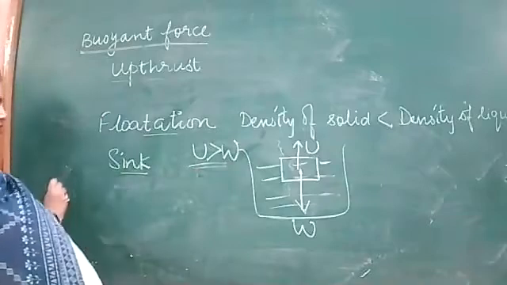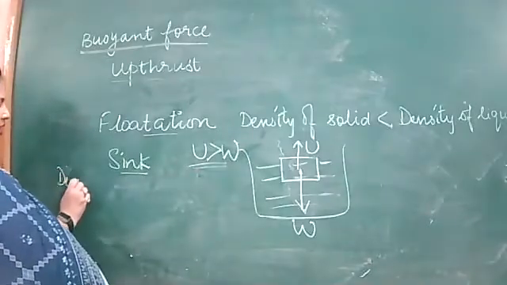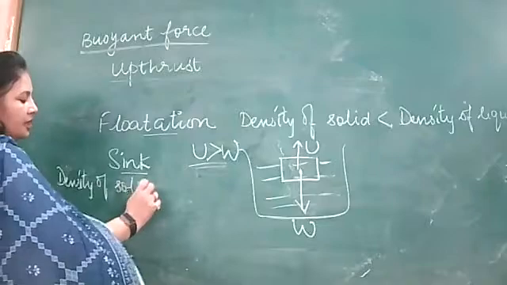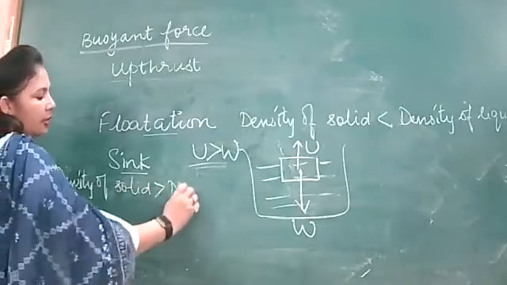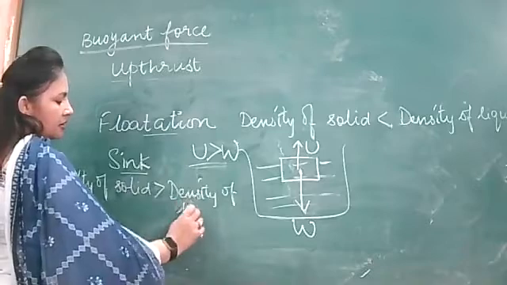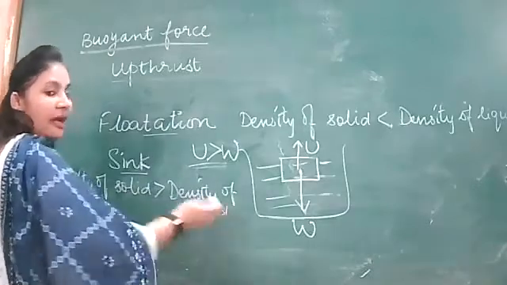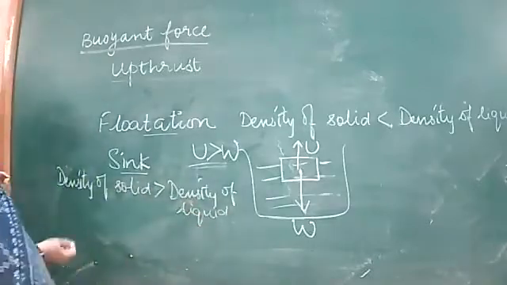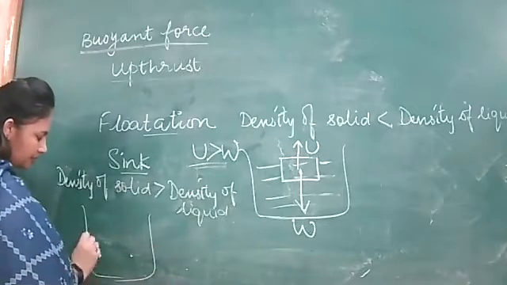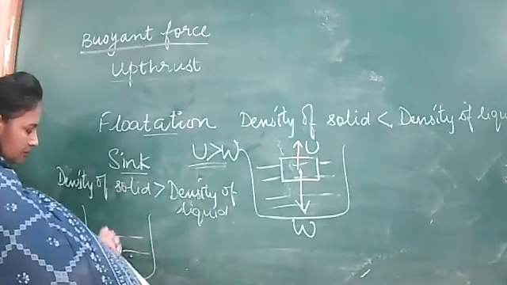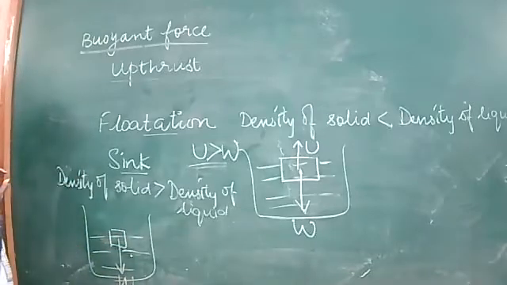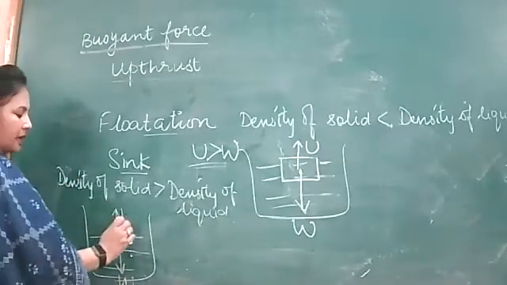But in case of sinking, what is the condition? The density of solid is greater than the density of liquid. For example, iron. The density of iron is much greater than that of water. So in this case, what will happen? Weight, that depends upon density of solid, becomes more than upthrust.